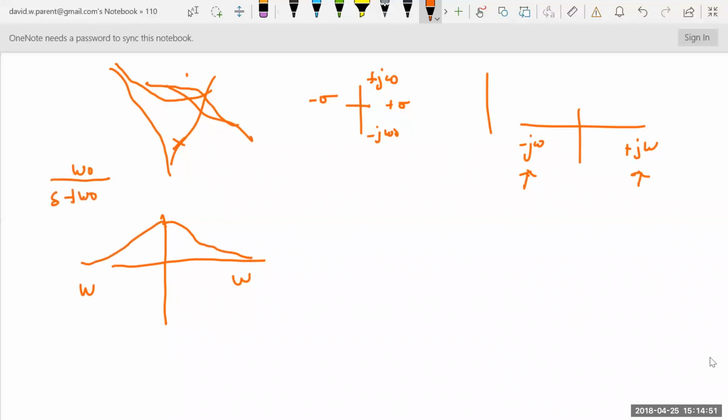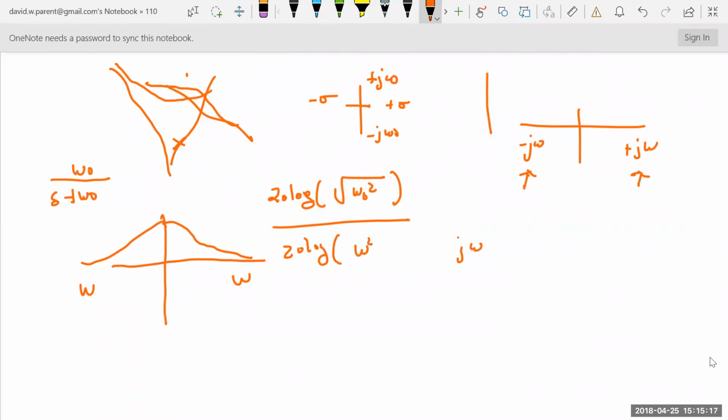Because you have 20 log square root of omega naught squared, right? Because that's just the real part. There is no imaginary part. And then on the bottom, you get 20 log omega squared, because the magnitude is the imaginary part squared.